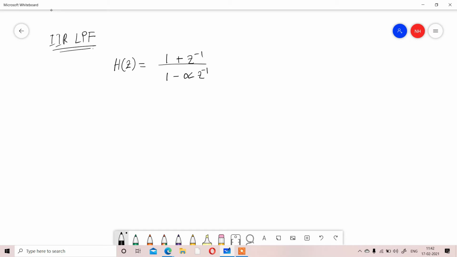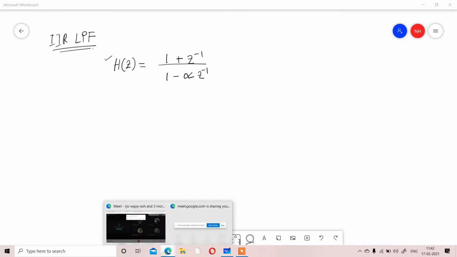Now to make that response from FIR to IIR, what you need to do is add the poles, because whenever you are adding poles, the impulse response h(z) becomes an infinite response.